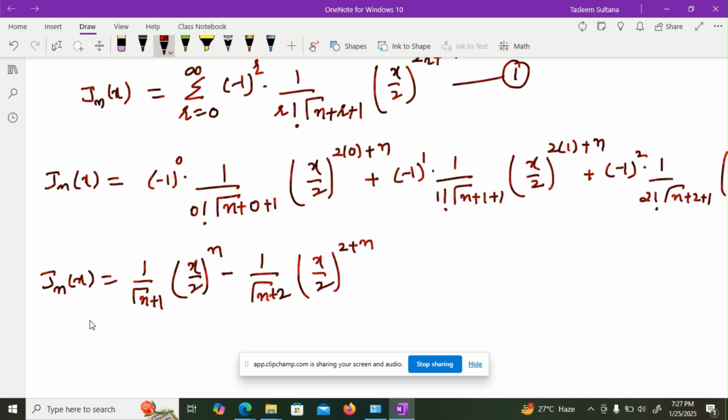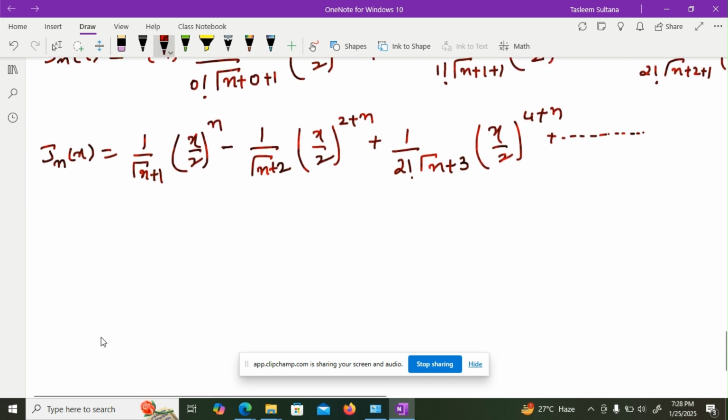Minus 1 to the power of square is there, so that is going to be positive. So plus 1 divided by 2 factorial gamma of n plus 3 of x by 2 to the power of 4 plus n, then plus so on.